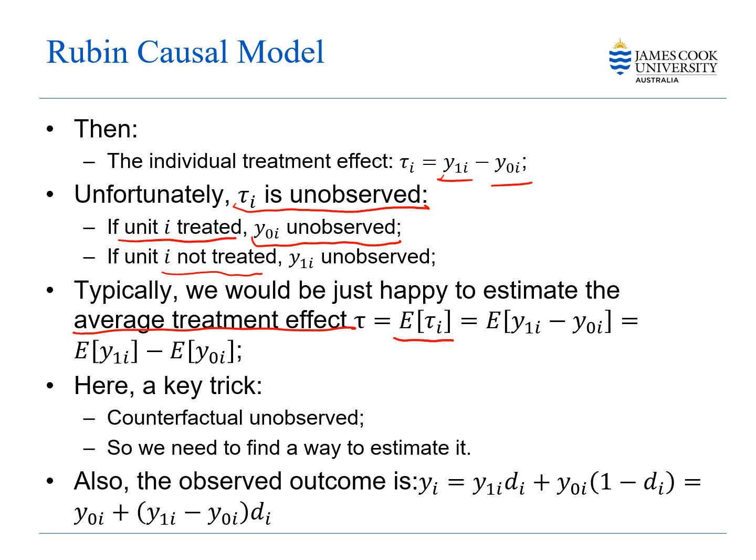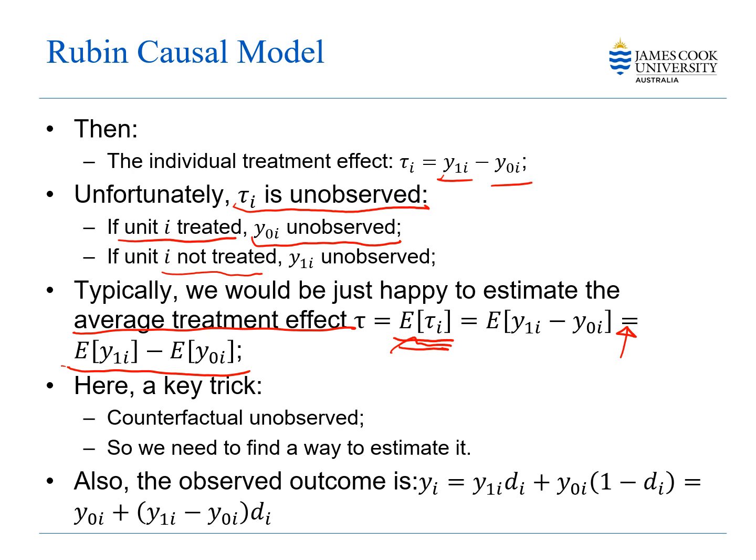So we typically are interested to know the average treatment effect, which is the expectation of tau i. So this is the expected value of the difference between the two potential outcomes, and is equal to the expected Y1i minus the expected value of Y0i, and this equality is because of the linearity of the expectation operation.